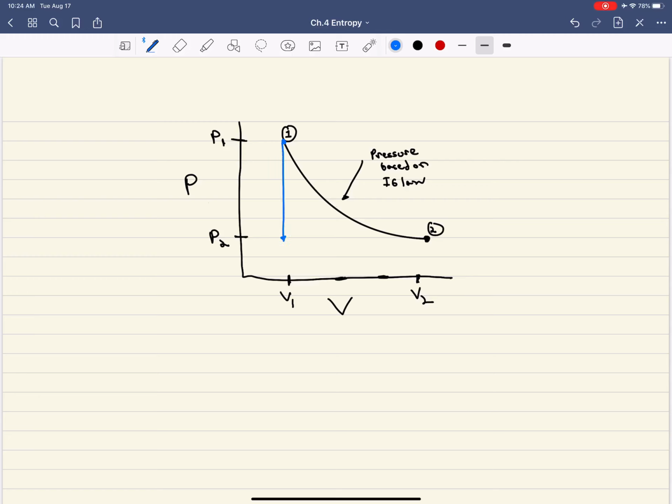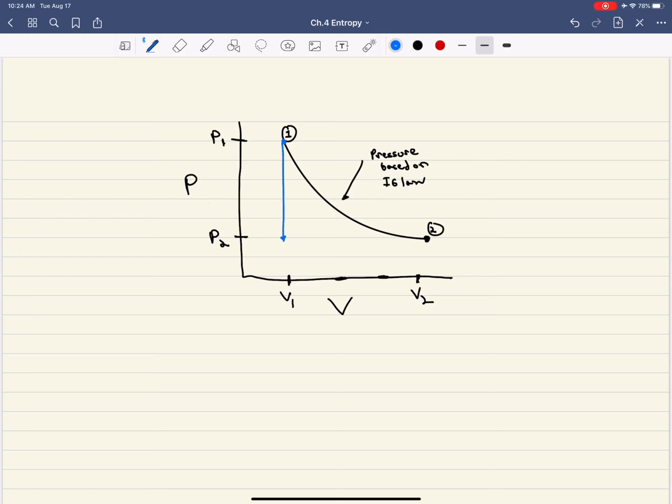And so for step 2, to move that piston, the gas needs to exert a force, F gas, that's equal to the force that's now acting down on it.